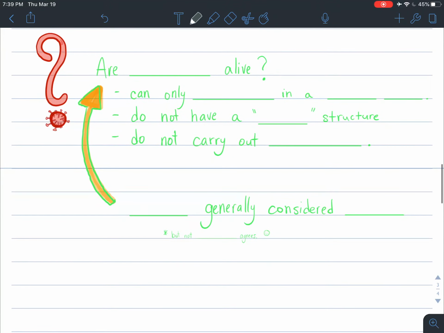So let's get down to our question here. Are viruses alive? Question mark. Well, this is a hotly debated topic right here. So, what people say is, well, viruses can only reproduce in a host cell.